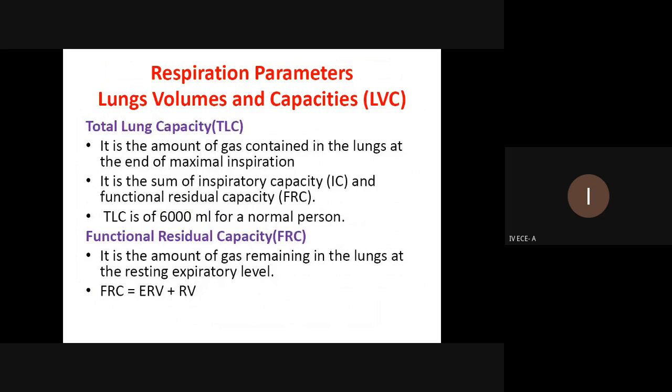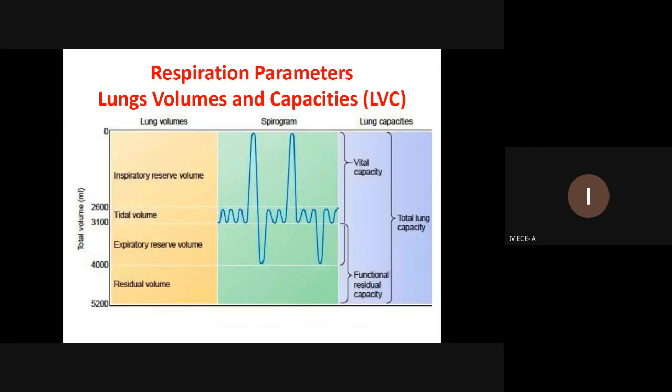Okay, so these are the respiration parameters. So what are the tidal volume, expiratory reserve volume, residual volume? This graph indicates the standard values in ml, that is 2600 ml, 3600 ml, 4000 and 5200 ml as the total volume. Based on this, the respiration rate of the lungs can be measured.